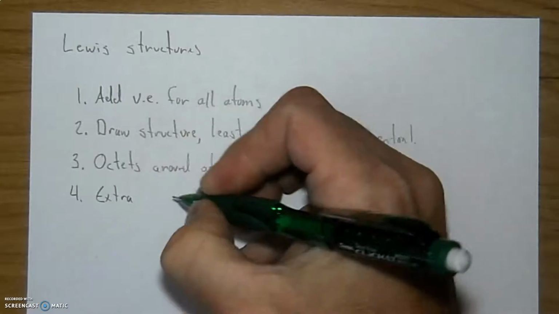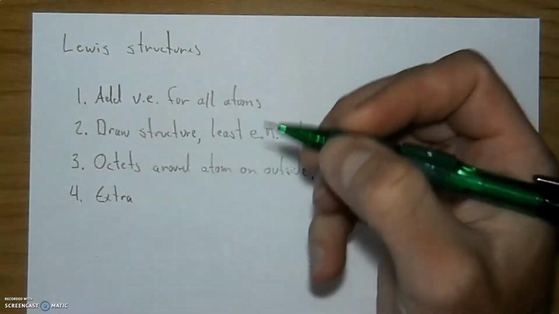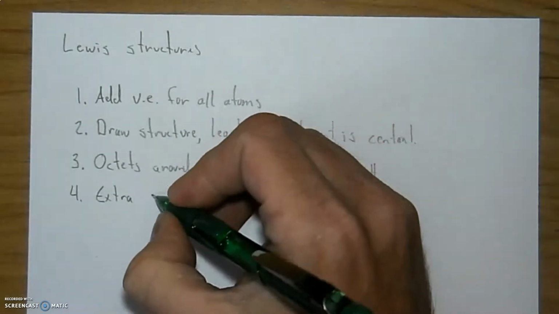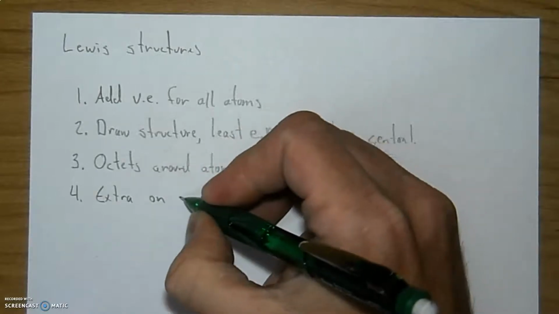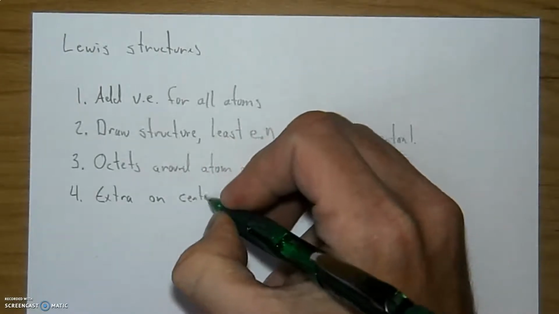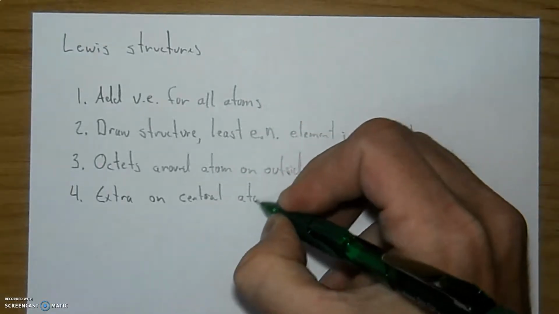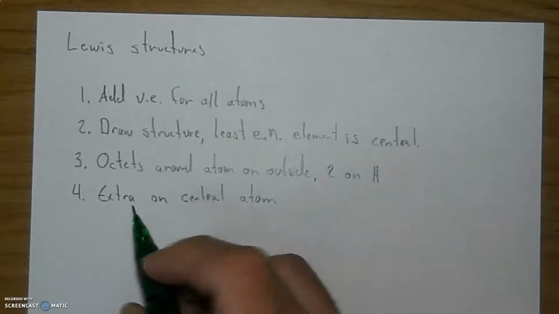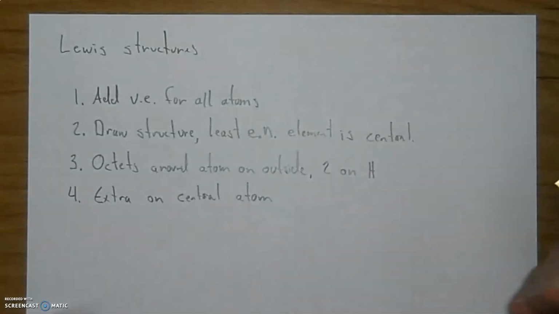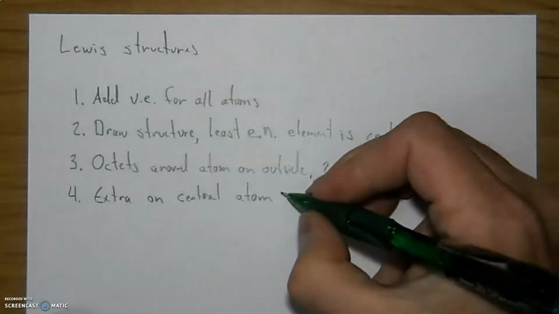And here's part of it. If you have extra electrons, you can put some on the central atom. Not everybody can do this, but some central atoms can. So say you have 2 extra electrons, that can sometimes go onto the central atom.